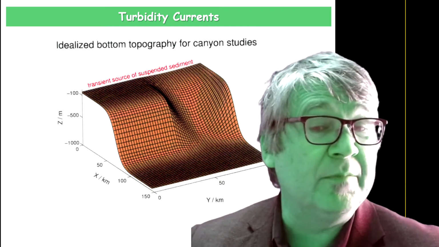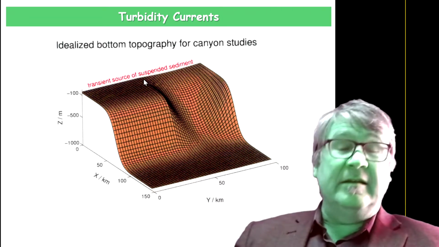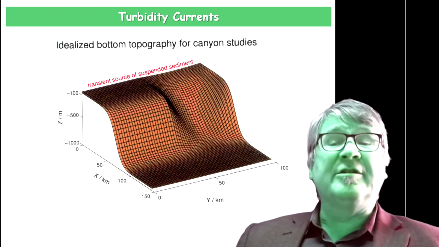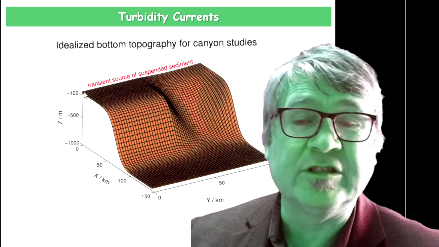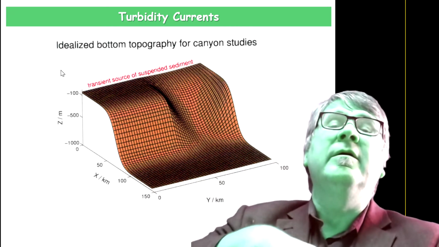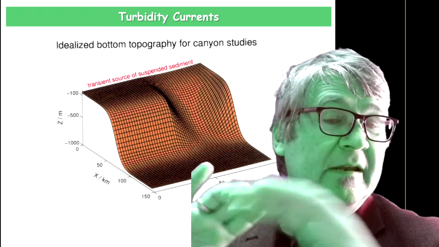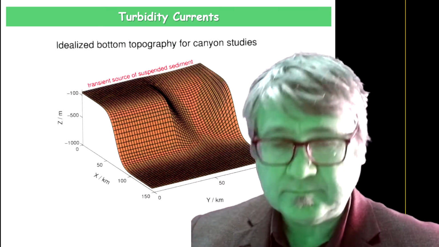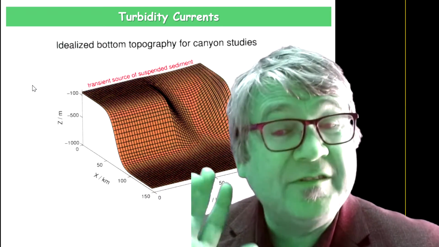Okay? Just an example. You can see the canyon, and the event is triggered by a transient source of suspended sediment along the shelf. So you assume that there is a storm event and that you always have suspended sediment there. Let's see what happens. And now I show you the predictions.